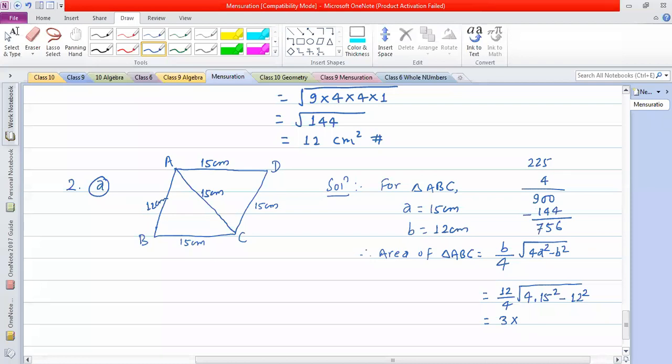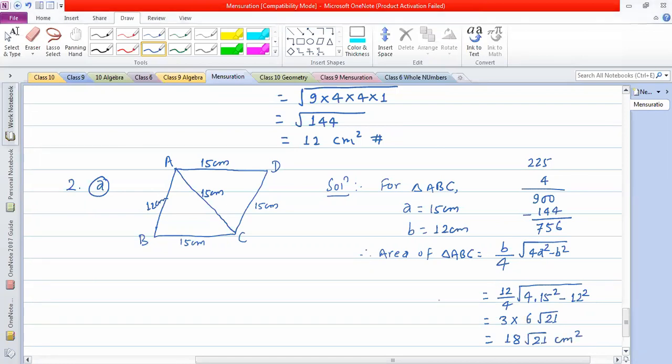Square root of 756 is what? 6 under root 21. Okay, then it will be 6 times 3 is 18 square root 21 centimeter square.